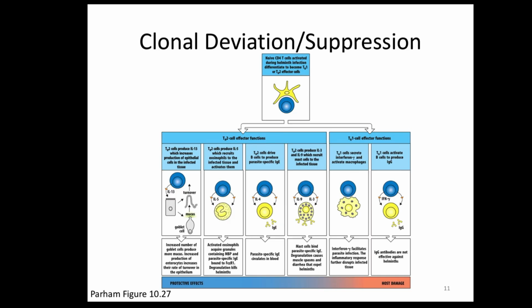So I'm going to talk about two particularly famous examples here. Sometimes when we talk about these examples, they really help people lock this understanding of deviation into their mind. One of the famous examples is maybe kind of a deviation and kind of suppression, because the idea is you're supposed to make a Treg, but you don't.